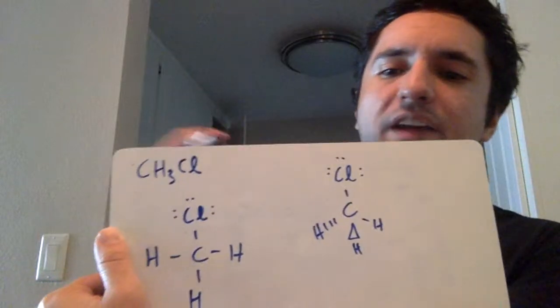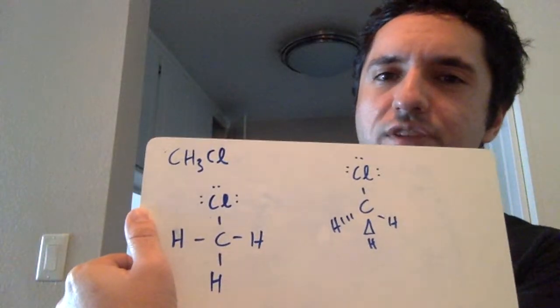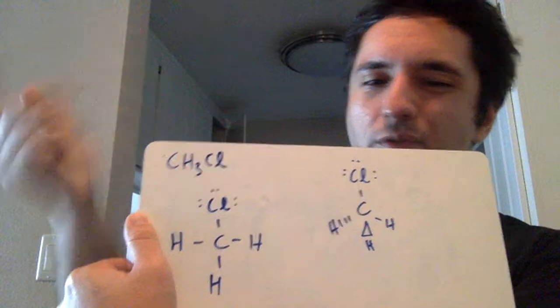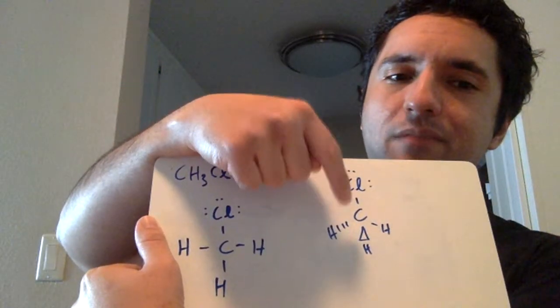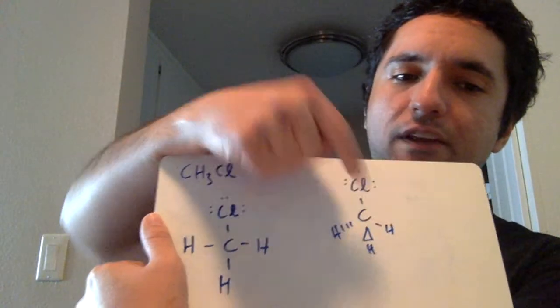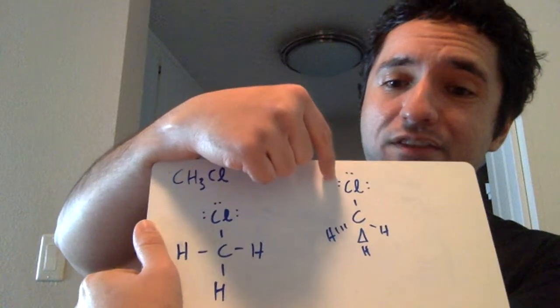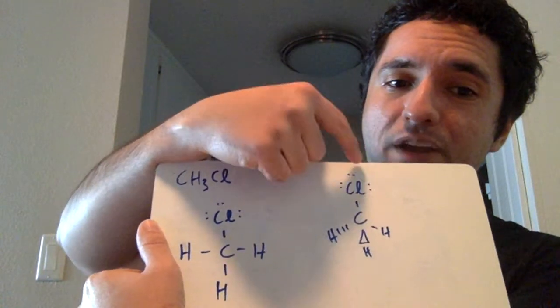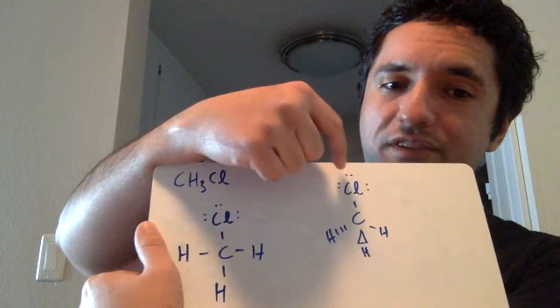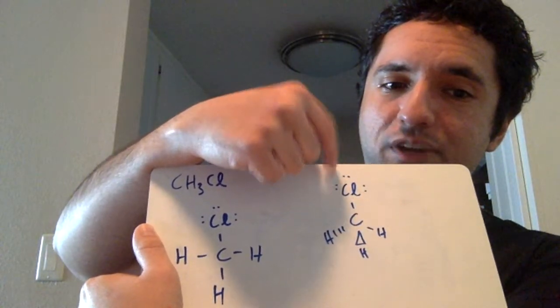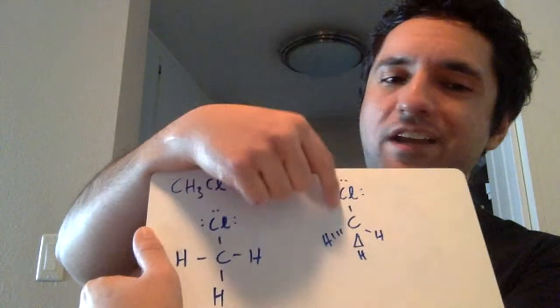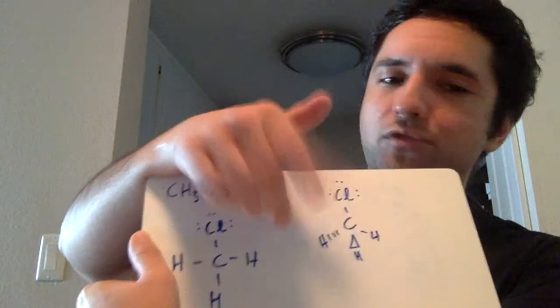Even by nature, tetrahedral structures are symmetrical, but carbon is not surrounded by the same element. There's 3 hydrogens here, and this one's a chlorine. And this chlorine has 3 lone pairs, that's 6 electrons on the outside of it. So wherever you rotate it, it's going to be more negative by that chlorine.